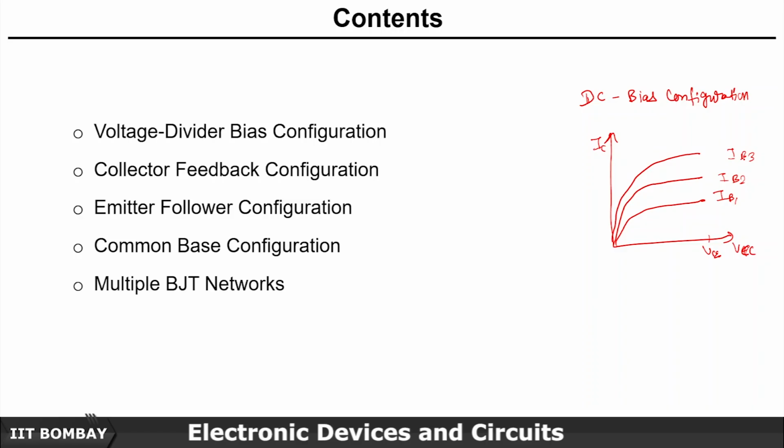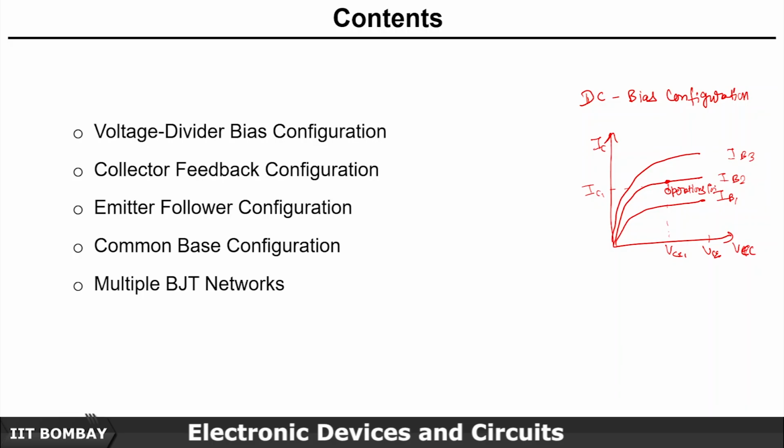The DC bias basically fixes the operating point by fixing IC1 and VCE1, or whatever name you want to give. We want this point to remain stable even if the temperature is changing and beta is changing. That's why we try different DC biases.